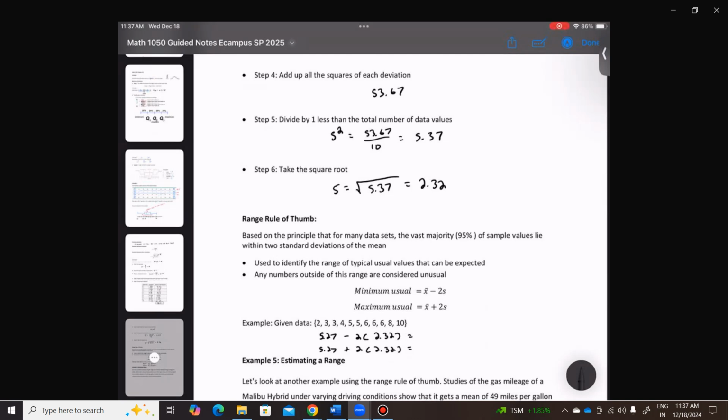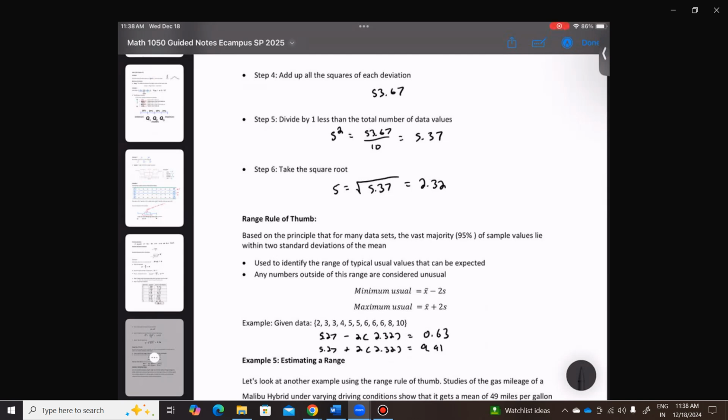The upper one is 9.91, and the lower one is 0.63.